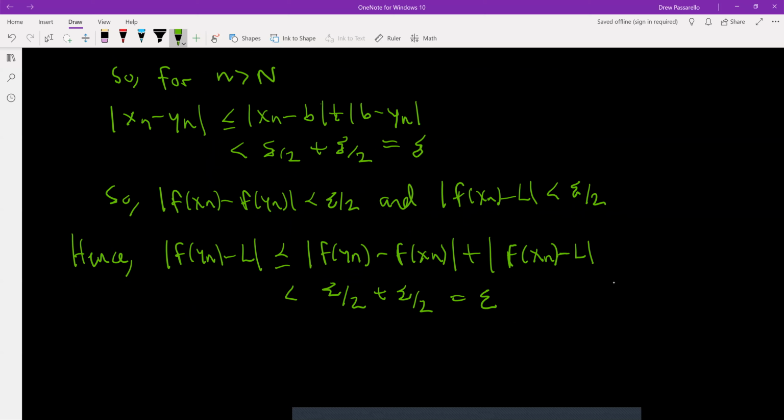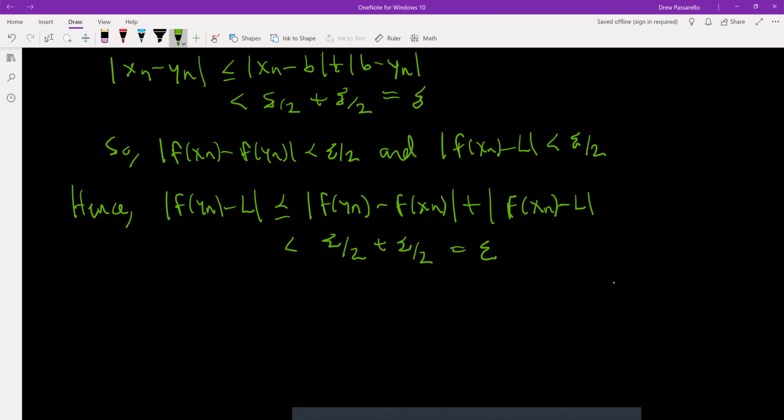So that's epsilon. And so that means f of yn converges to L if and only if the sequence yn converges to B, because L is equal to f of B.